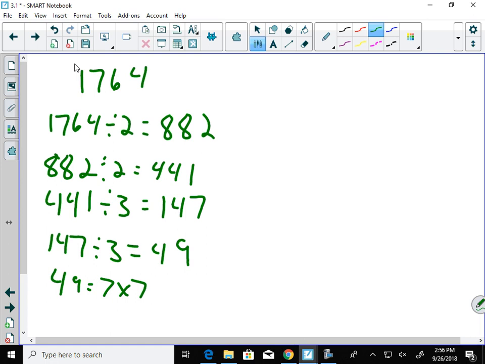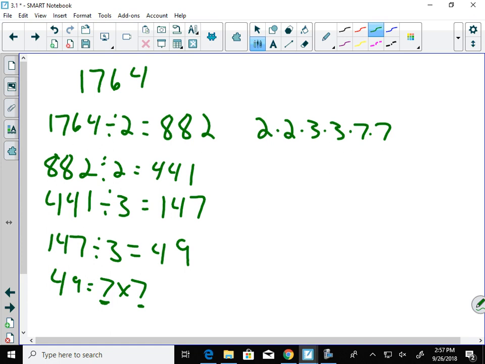So if you look here, my prime factorization would be 2 times 2 times 3 times 3. 49 is 7 times 7. Okay? 7's a prime number, so it's done. There's no factors of 7. If you want, I could have written out 49 divided by 7 equals 7, and then same thing.